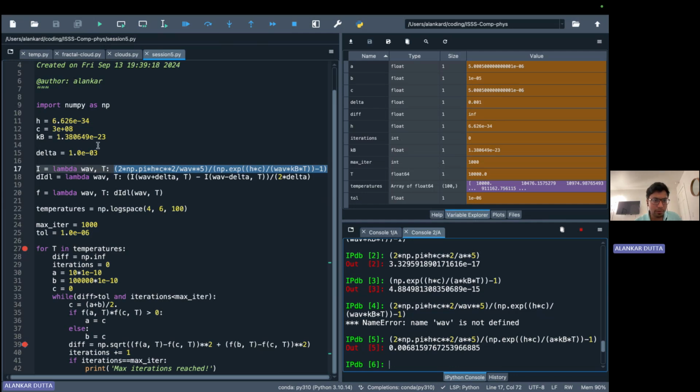So I think the problem is with delta, most likely. So let's write this one as 1 plus delta, because then this becomes comparable, right?